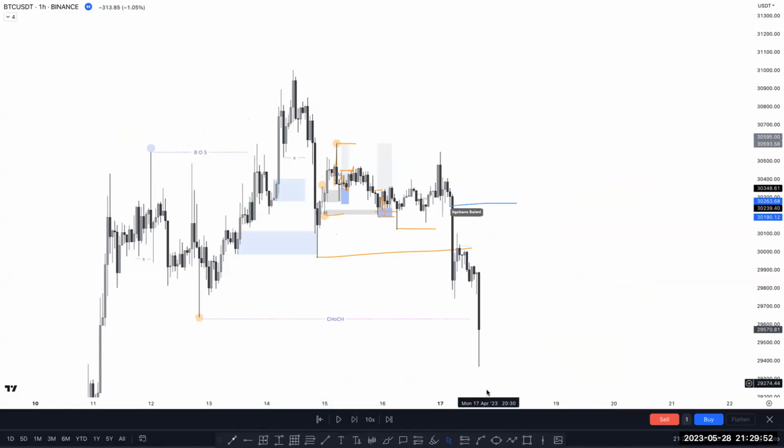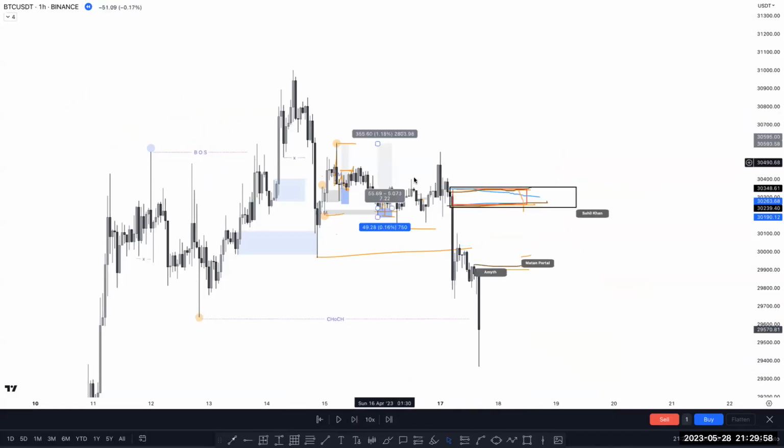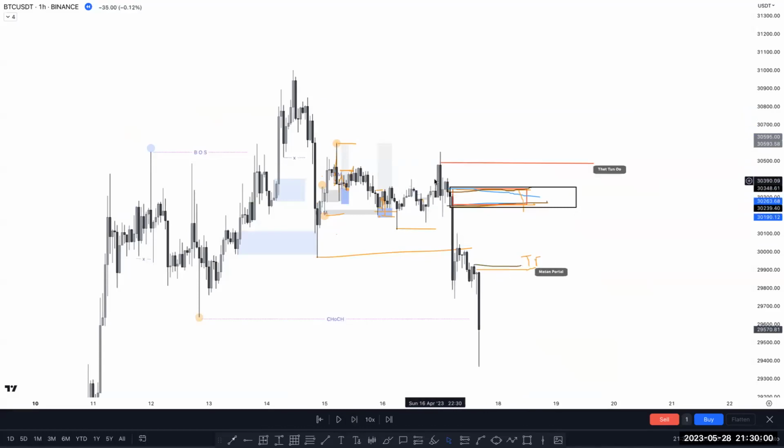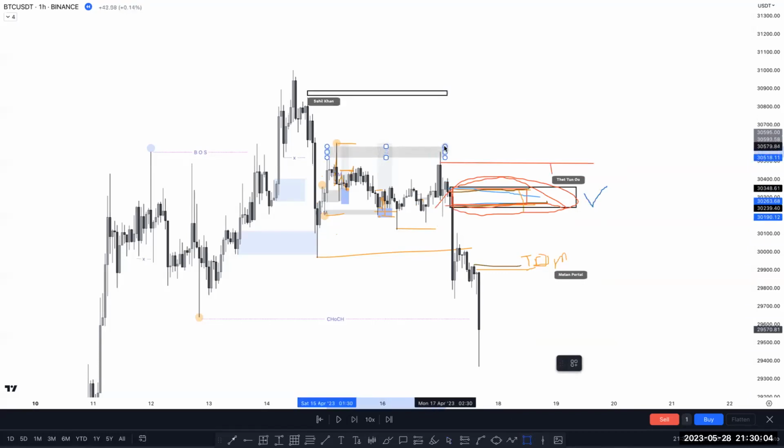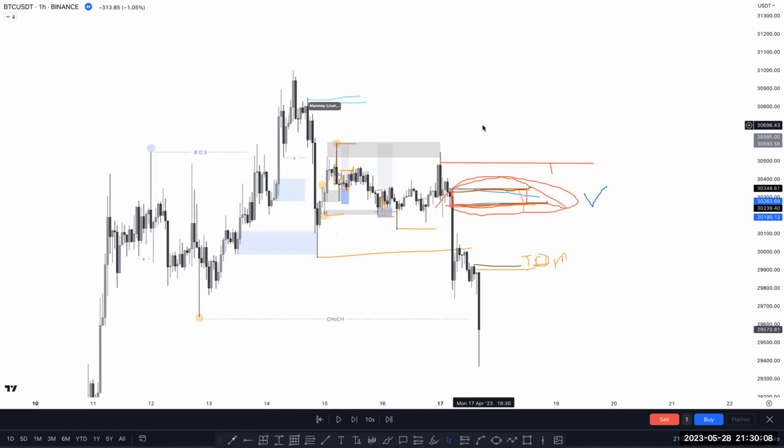You can watch it, then you can get the answer. Hidden POI basically we use when everything is mitigated here. Right now in this case, you can see everything is mitigated here. Price came back upside. That's why we can use this one. Actually, this point we can use. When everything is mitigated there, then we can use it.